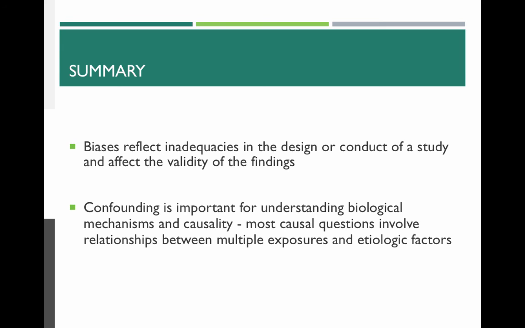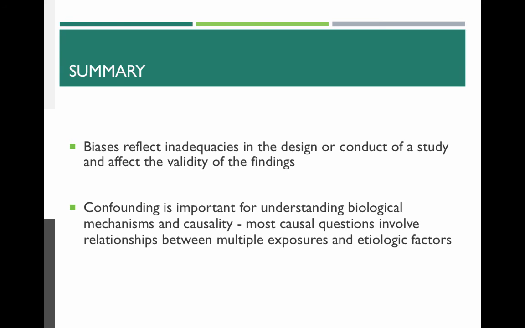So the issue of confounding will come up in almost any situation in which we are interested in determining causality. And so it helps us understand a biological mechanism, and then it helps us determine whether or not we should invest in public health interventions. And so distinguishing between causality and confounding are critical issues in epidemiology.